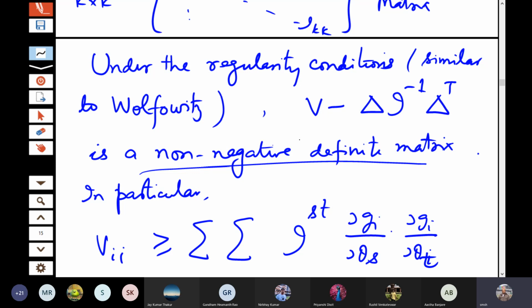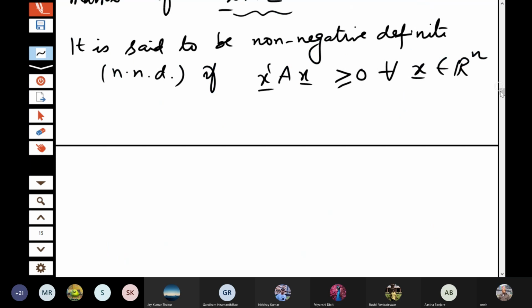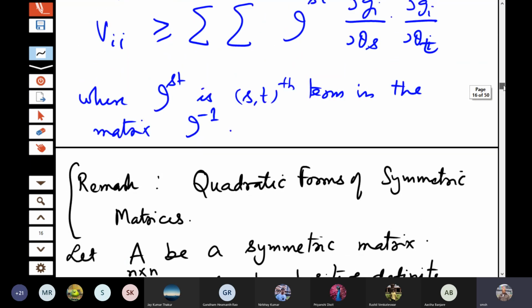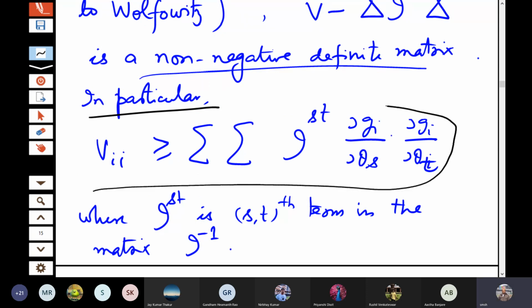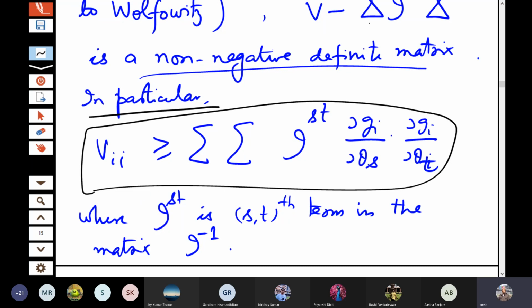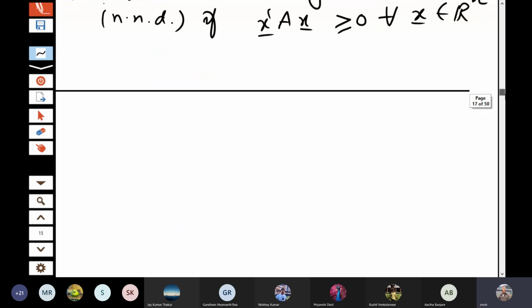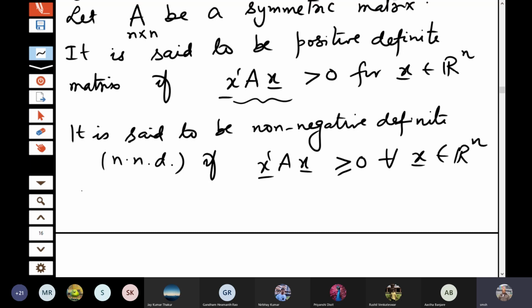That is why the particular term I have written, Vii, gives the lower bound for the variance of the unbiased estimator of gi(theta). This term comes from the comparison of the ith diagonal term of V minus delta I inverse delta transpose, which is greater than or equal to 0. So that is what it gives here. I am just leaving this part here.